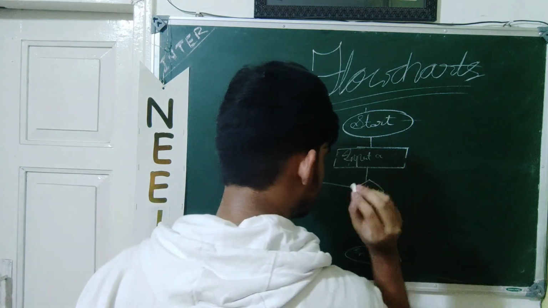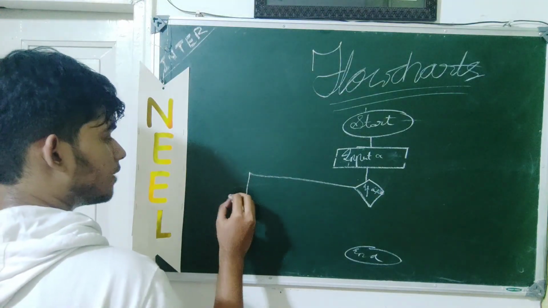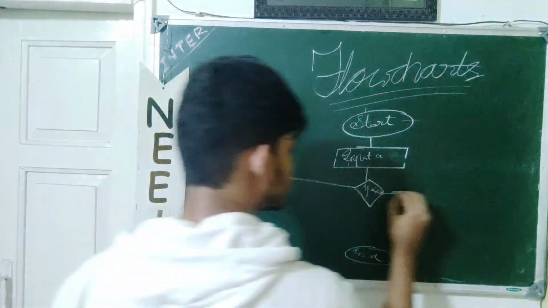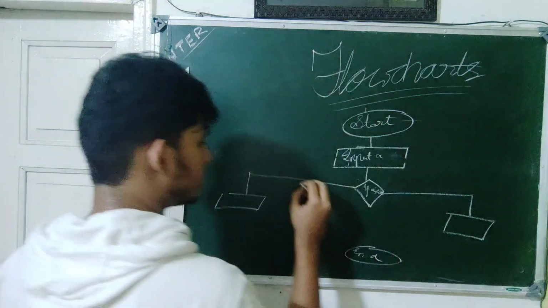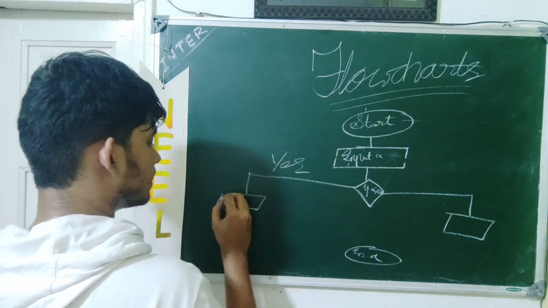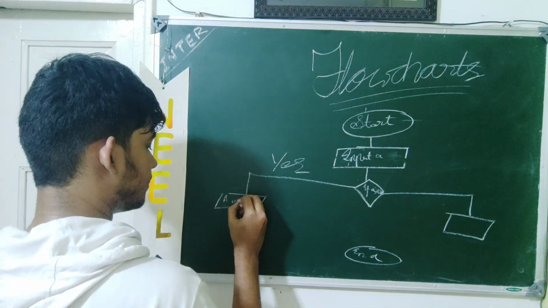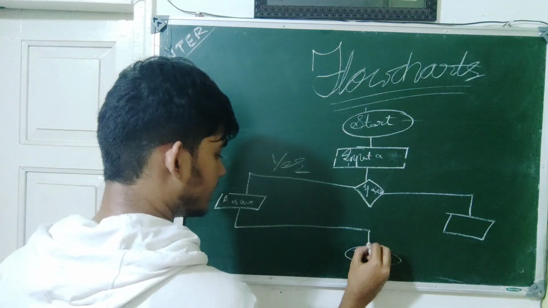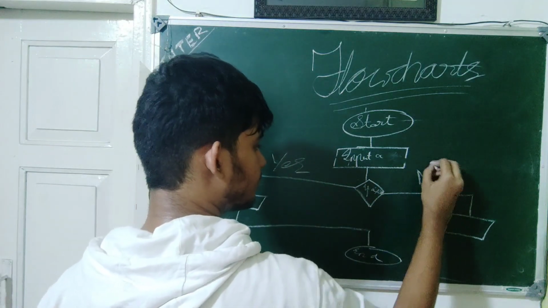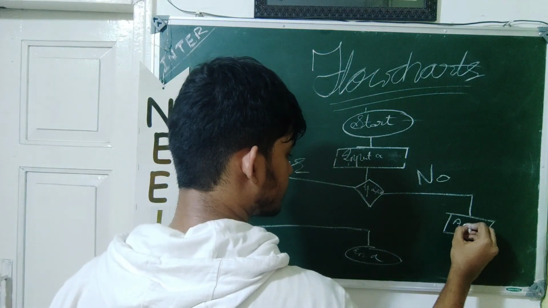Okay, so we'll just write if A % 2, and we'll write another parallelogram. If A % 2, then A is even. We just end here, and if no, then A is odd.